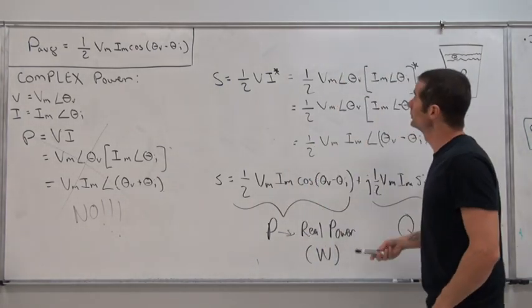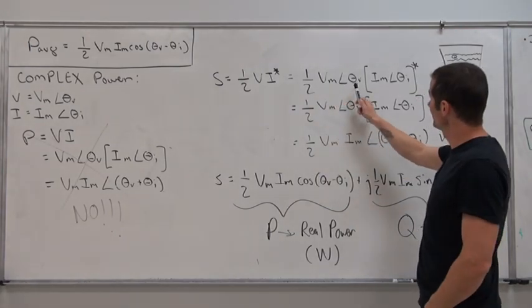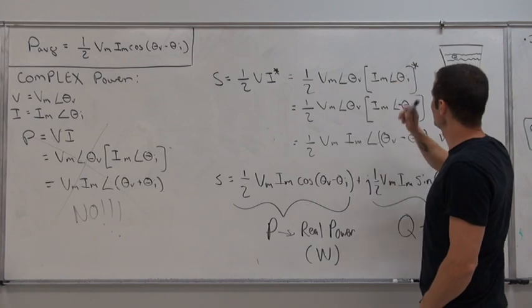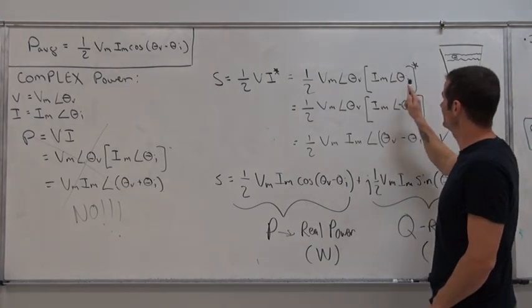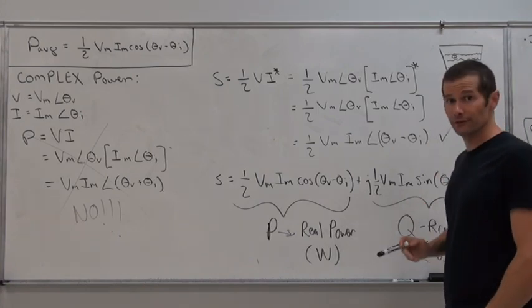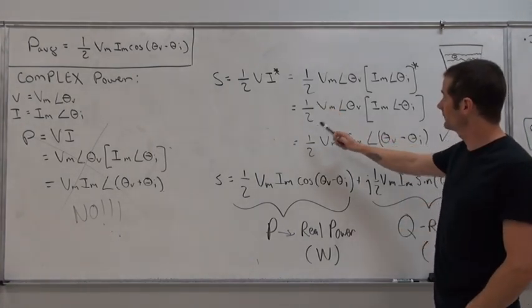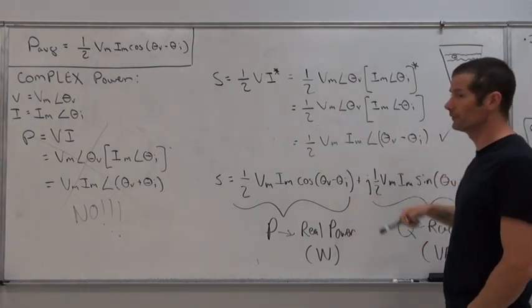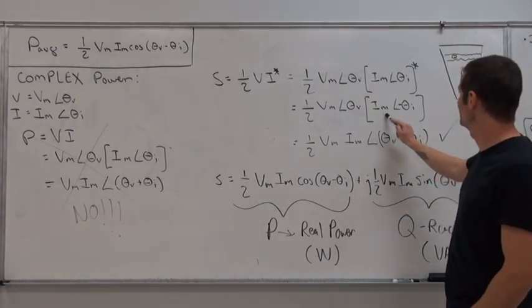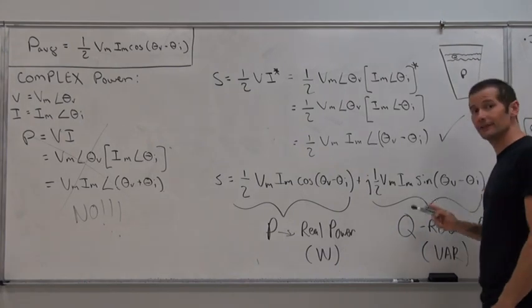So here, 1/2 Vm at an angle of theta v, multiplied by the conjugate of Im at an angle of theta I. Essentially we get 1/2 Vm at an angle of theta v, multiplied by Im at an angle of negative theta I.